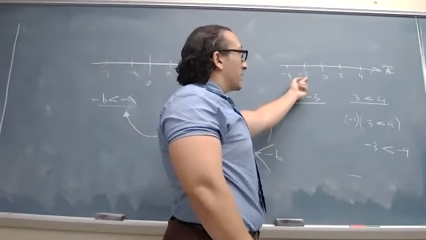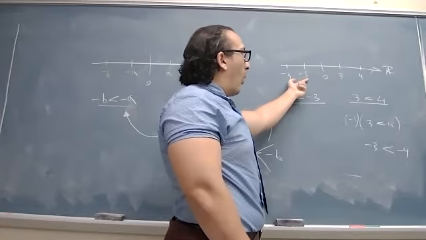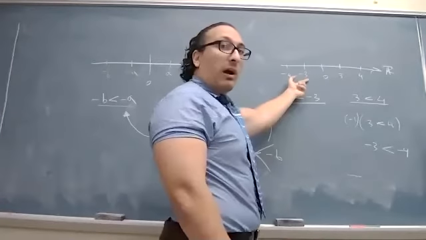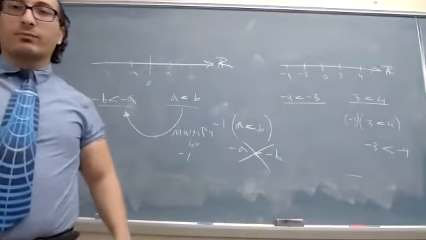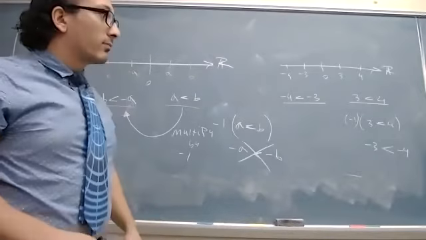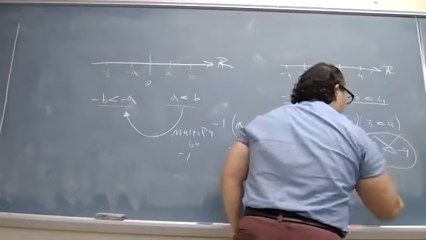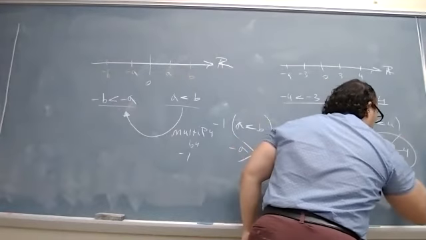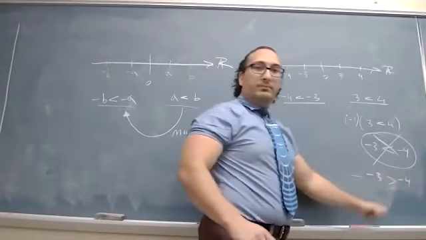Is -3 to the left of -4, meaning it's less than -4? No. -3 is to the right of -4. So this would be a logical contradiction. So in order for it to be true, we would have to flip the sign. Whoop, flip, whoop.